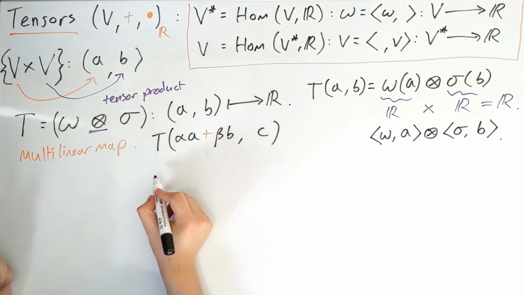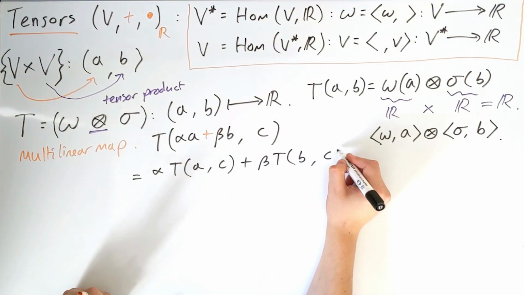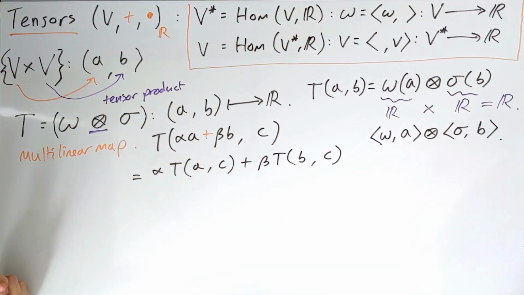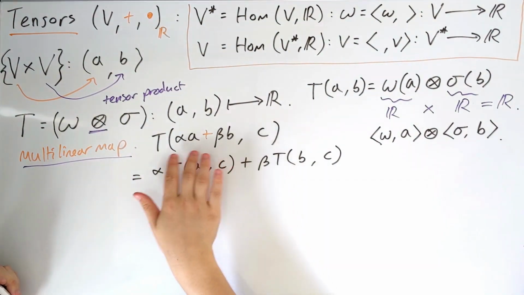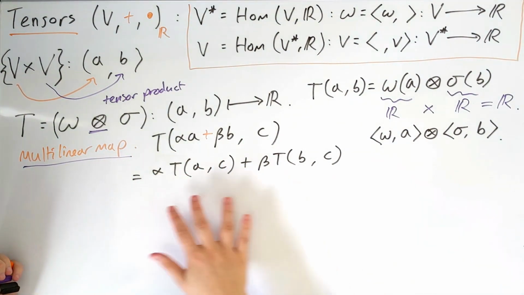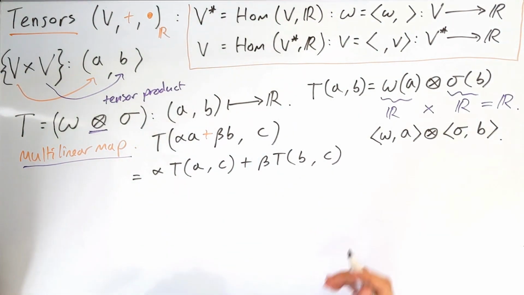To be a multilinear map, we require that this, and this would work the same if we had in this slot another sum of vectors. So we'll have more to say about this multilinearity in a second, but for now I just want to continue exploring what this T object is and what it looks like.